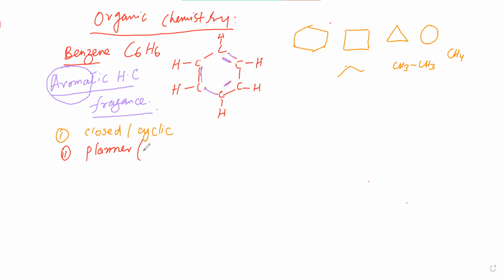And we know that in organic chemistry the backbone is carbon, so you will judge the compounds on the basis of carbon. A carbon is planar when it is sp2 hybridized, that we know. Is it clear? So each carbon must be sp2 hybridized. When it is sp2 hybridized, then it would be planar. Is it clear now?